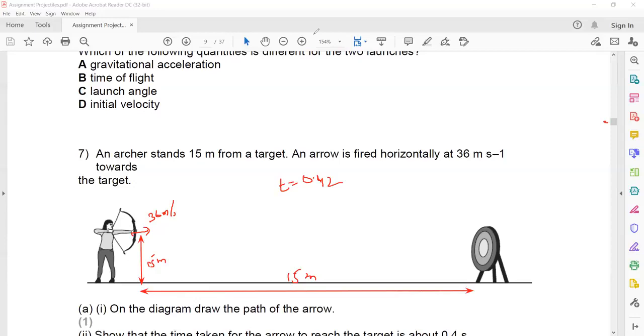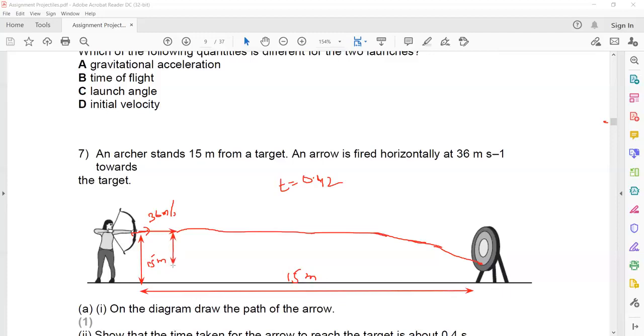So first we'll find the vertical distance covered by the arrow. For example, if the arrow strikes this point, we want to find this height.